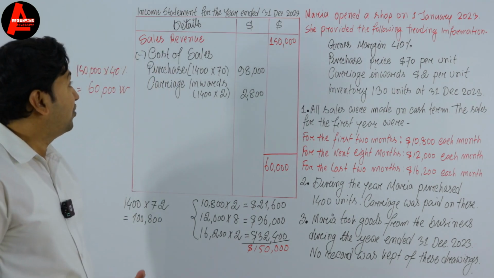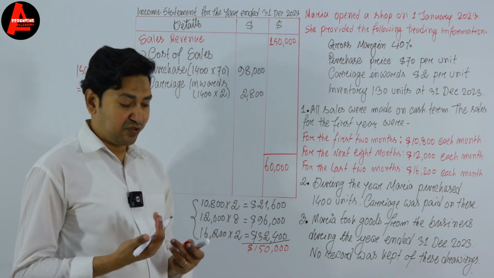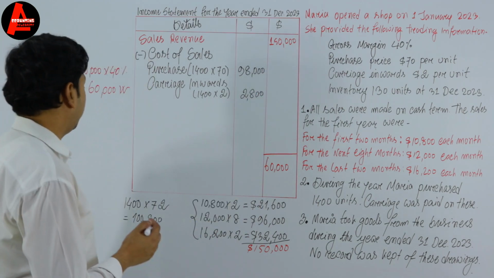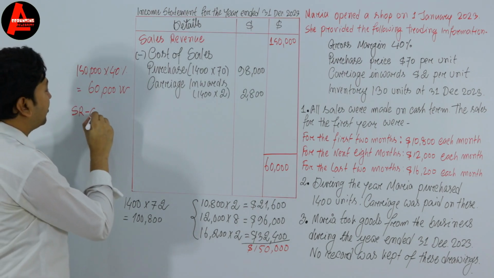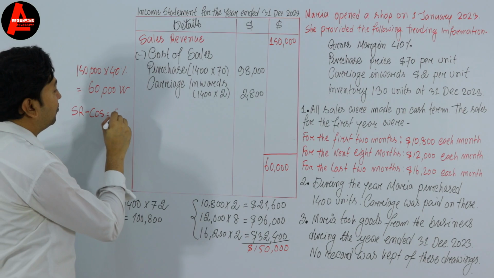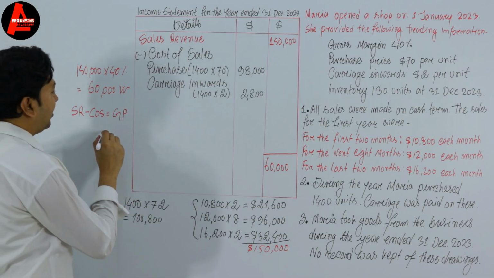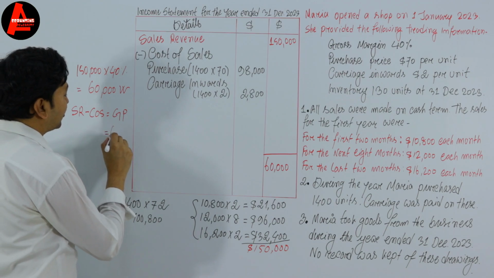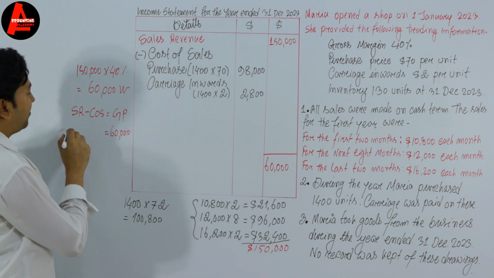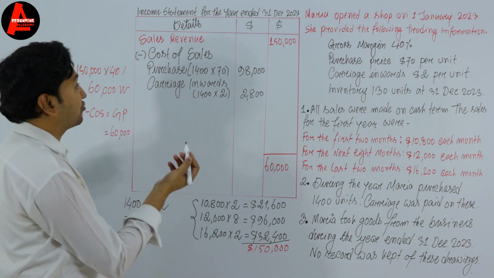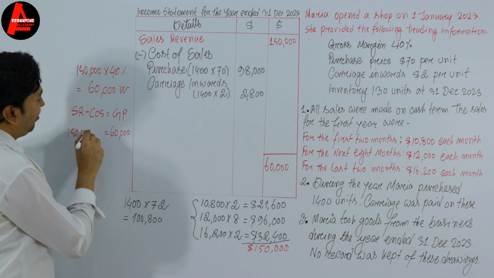So we know sales revenue minus cost of sales equal to gross profit. Yeah, so we can write here sales revenue minus cost of sales equal to gross profit. Okay, so we already calculated gross profit, it is $60,000. We have our sales revenue, it is $150,000.